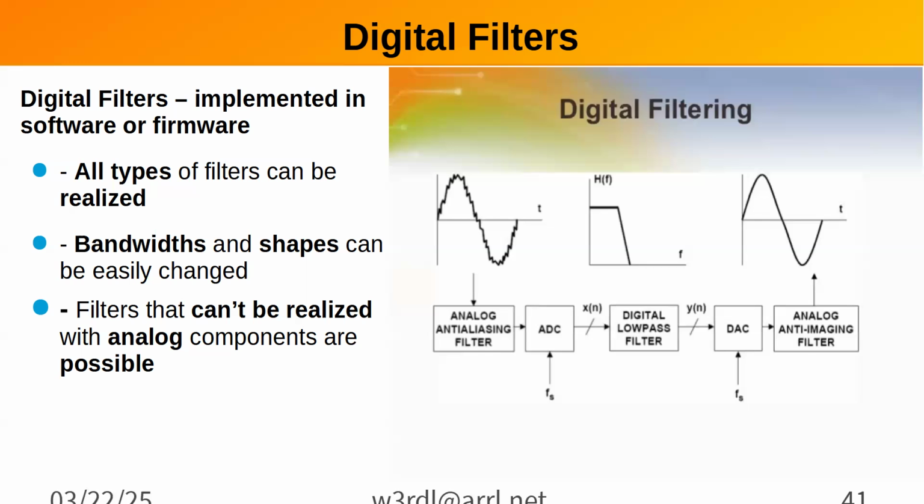It's called anti-aliasing because you don't have more than 2 samples per cycle. Then you run it through this digital low pass filter and then back through a digital to analog converter back to the analog world, where you may have another analog filter. That's just a very simple example.